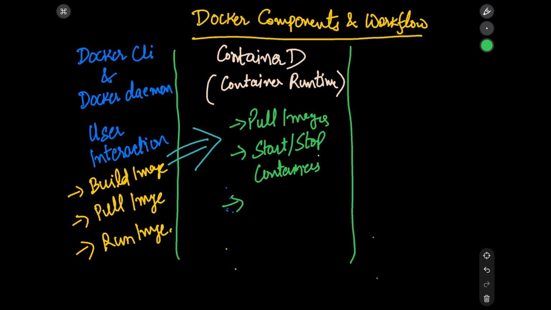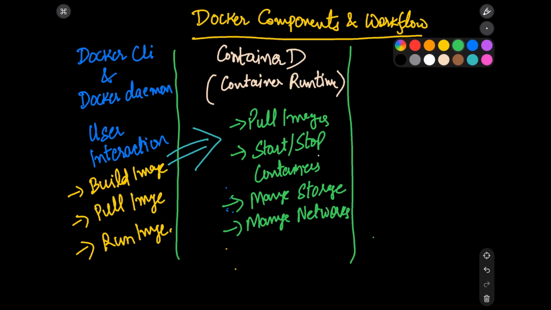So you may request a new network in Docker, and it is Containerd that manages those tasks for you. So these are now more pluggable components. Earlier it was all monolith, but now it has been broken down into various components to make it more modular.